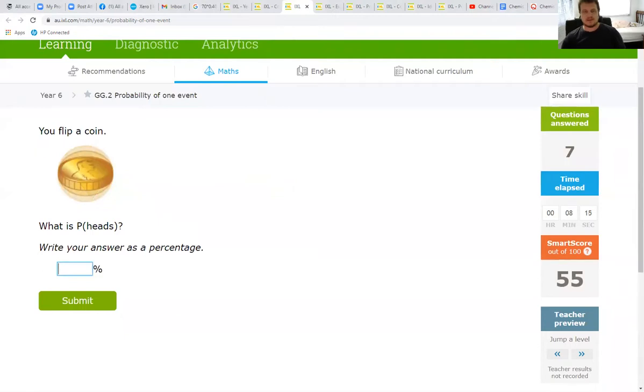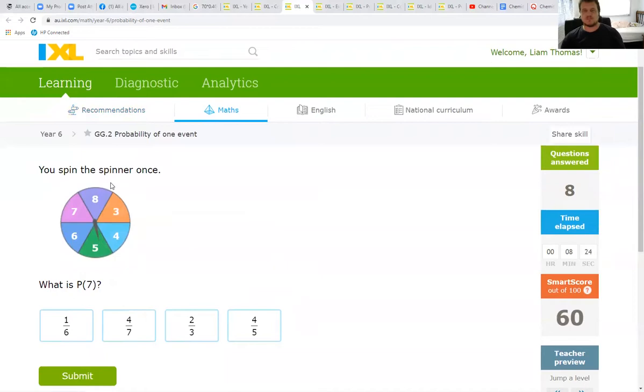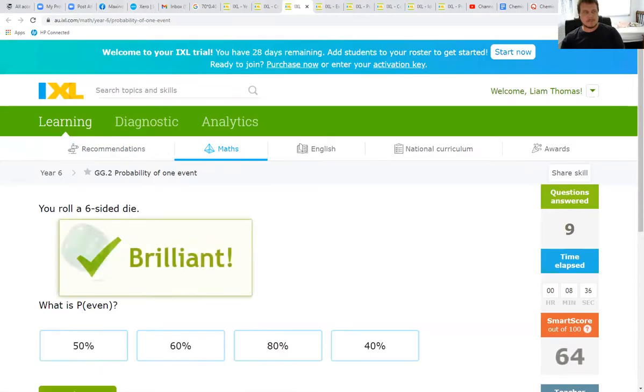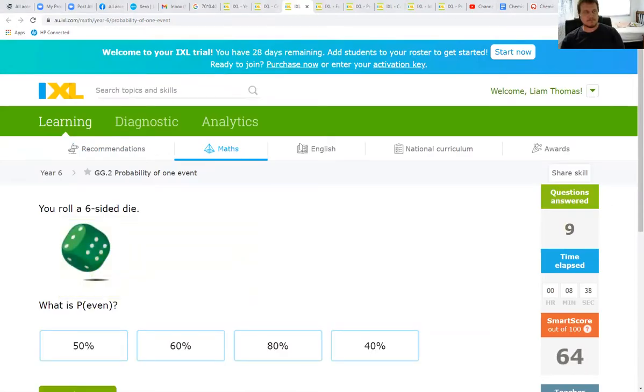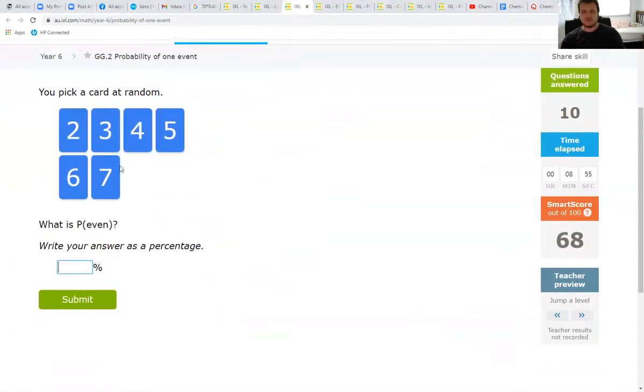So what's the percentage it would land on heads? 50%. Okay, what's the probability that it lands on a 7 if you spin it once? 1 out of 6. Rolling evens, yep. Right, a couple more of these and then we'll quickly move on.